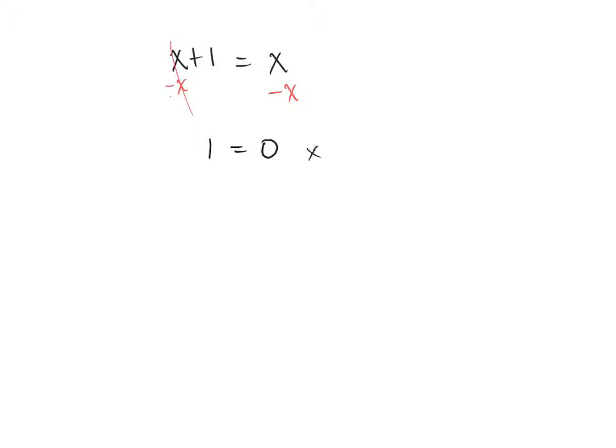Which means that how many solutions does this have? This has no solutions, because there is nothing at all that I can put in for x that will make this true, because 1 is never equal to 0. All right, so let's try one or two examples and see if we can figure out if we have infinitely many solutions or no solutions at all.